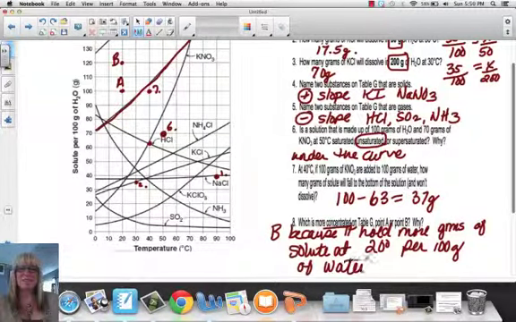So if you have more solute in a given amount of solvent, it's going to be more concentrated. If you have less, then it would be dilute. Okay, that's it.